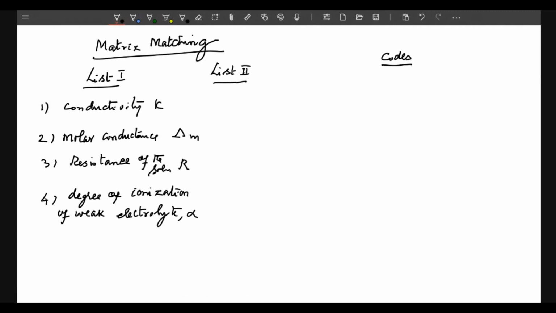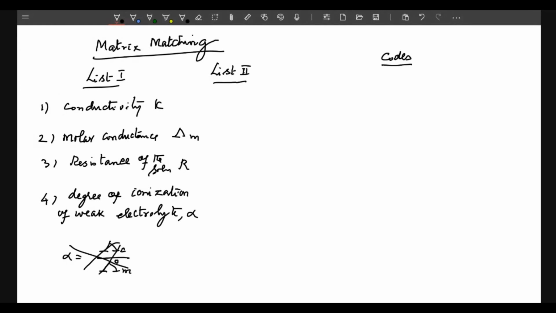The degree of ionization alpha is given by the equivalent conductivity at a given concentration, lambda C, and the limiting molar conductivity, lambda naught. Okay, this is the relation. We are going to give it in Kohlrausch law.